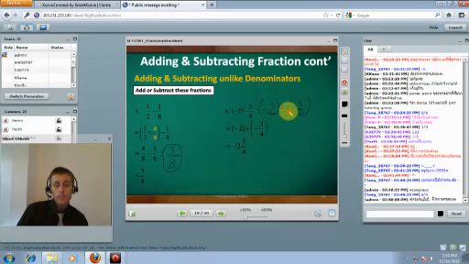Negative 2 plus negative 3 over 4 will give you negative 2 and 3/4. Because if you did negative 2 plus 3/4, that is when you would actually be subtracting from this negative number and making it a smaller number. So this would be negative 1 and 1/4.